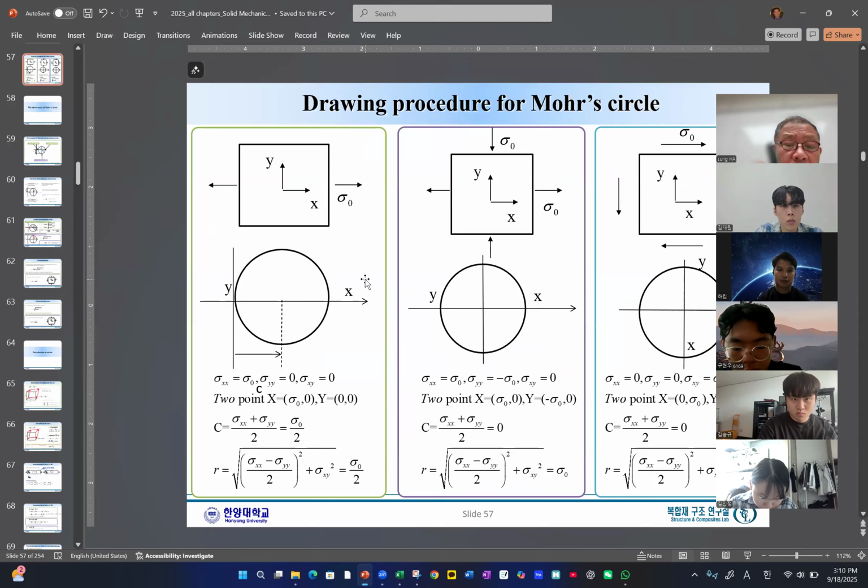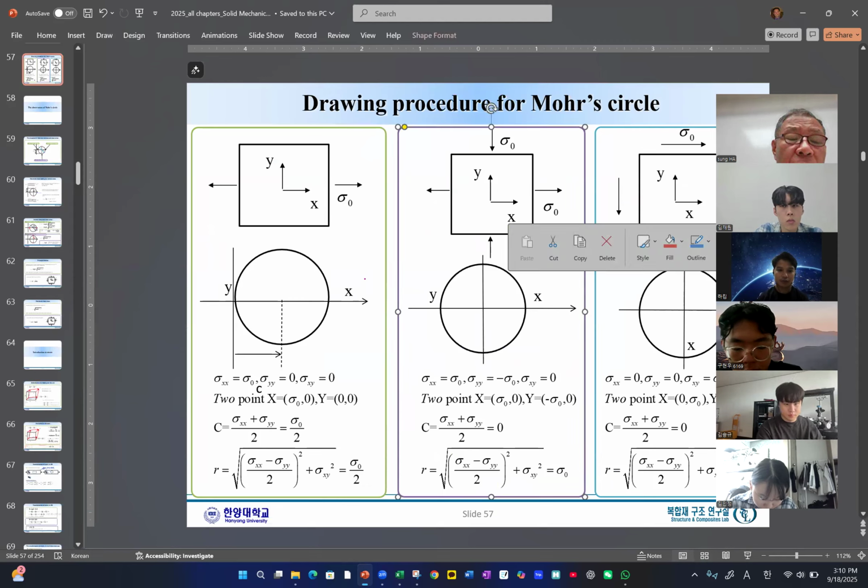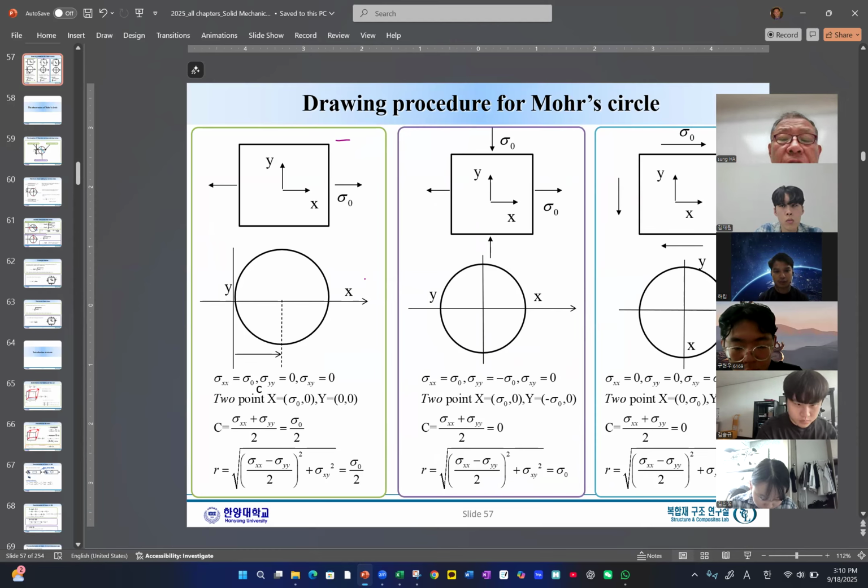Say we have an example, sigma xx and zeros, 0, 0, 0. So only sigma xx, no shear and no yy.